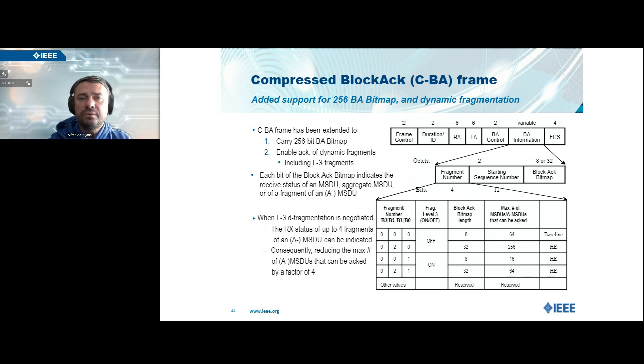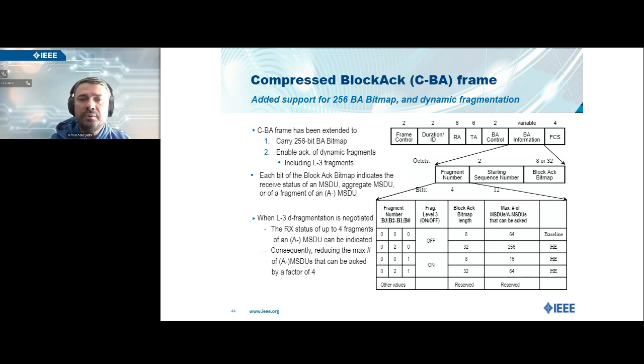But level 2 and level 3 essentially require the generation of a compressed block ACK frame, and the different combinations of the block ACK bitmap length are essentially indicated by an overload of the fragment number fields of the compressed block ACK frame, which was previously not used. So different settings of these 4 bits indicate the length of the block ACK bitmap that is being carried.